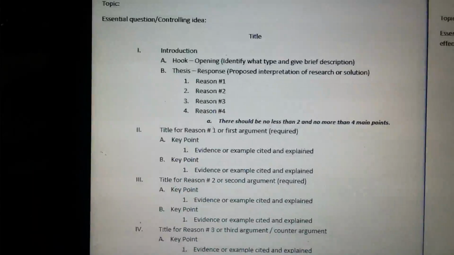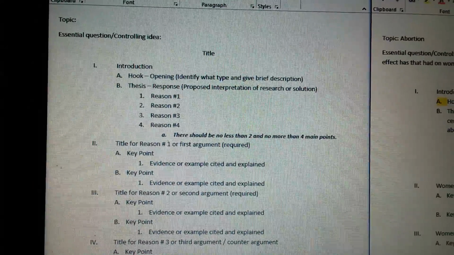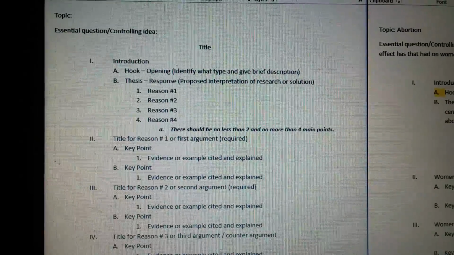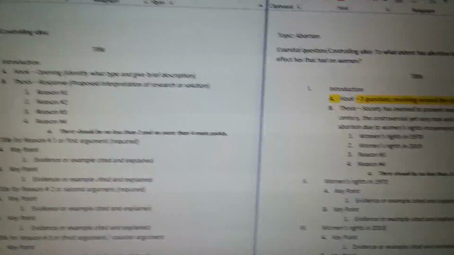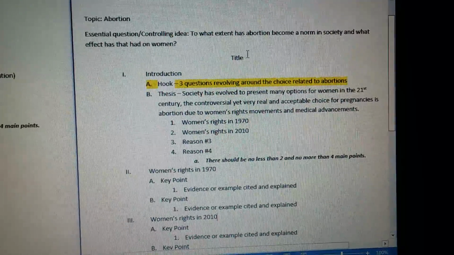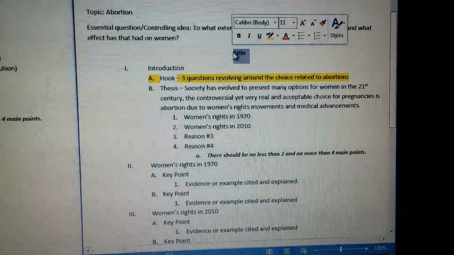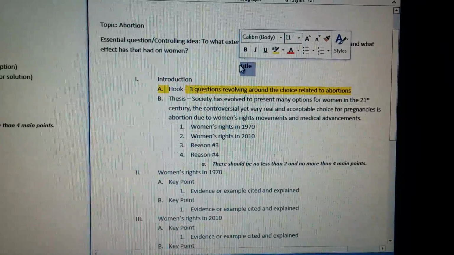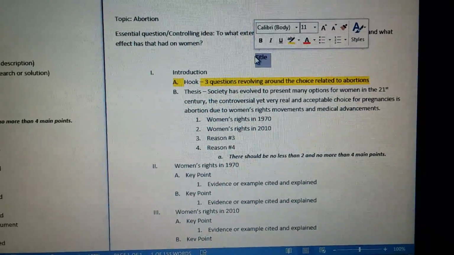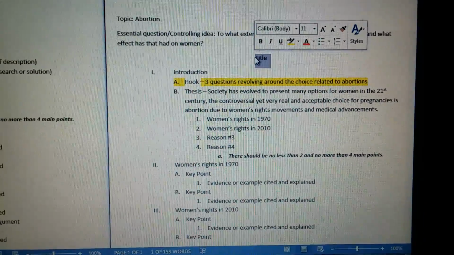So that's why when you look at the notes that I gave you, everything that's in the notes are like reminders as to what you're supposed to type out here. Okay, the only thing I'm missing here is my title, so you guys need to make sure you have a creative title, something that is catching your audience's attention or making it interesting.